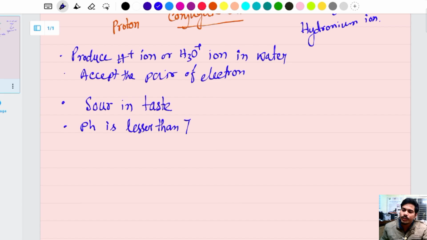Now we have to think about strong acid and weak acid.